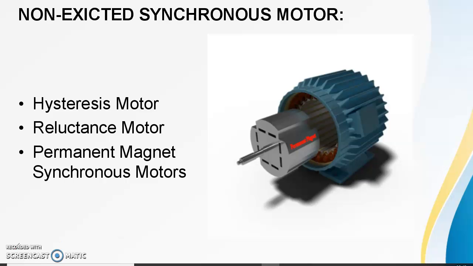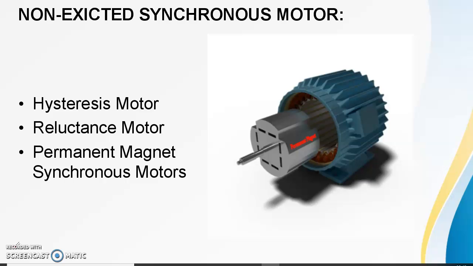Then next one is permanent magnet synchronous motor. PMSM, that is permanent magnet synchronous motor, is an AC synchronous motor whose field excitation is provided by permanent magnets and has a sinusoidal back EMF waveform. The stator structure with windings is constructed to produce a sinusoidal flux density in the air gap of the machine and resembles that of an induction motor, which is known as PM synchronous motor.